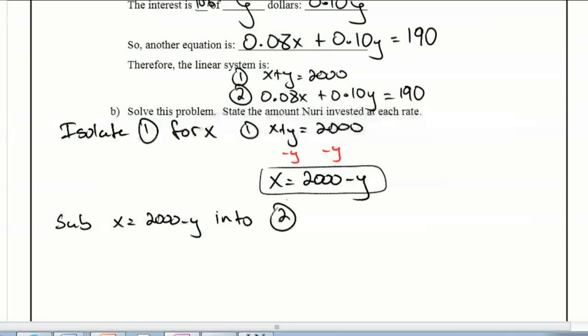into the second equation. To jog your memory, the second equation was 0.08x plus 0.10y is equal to 190.